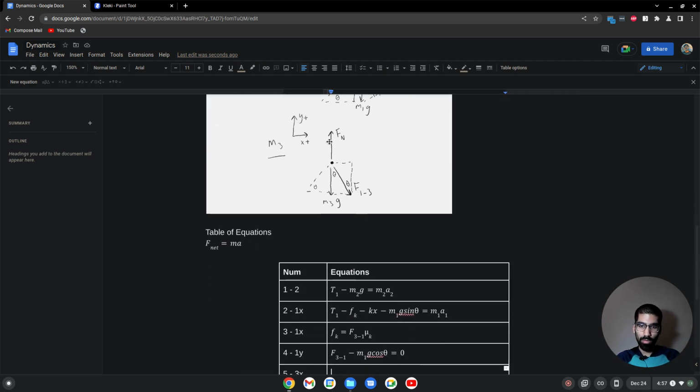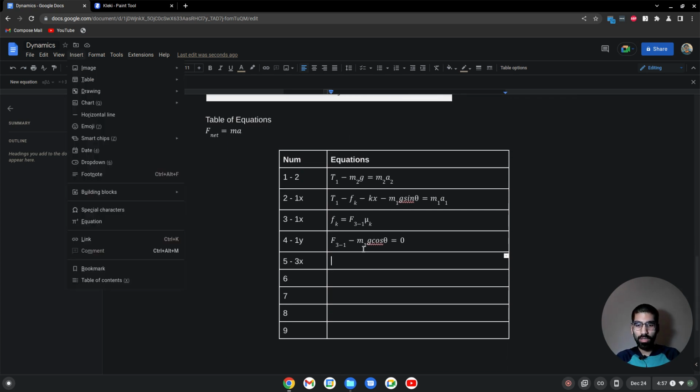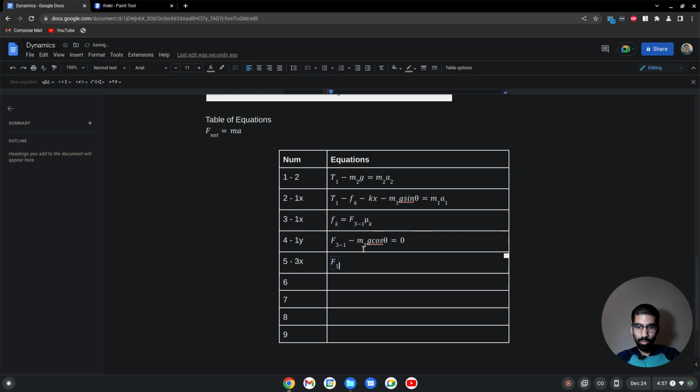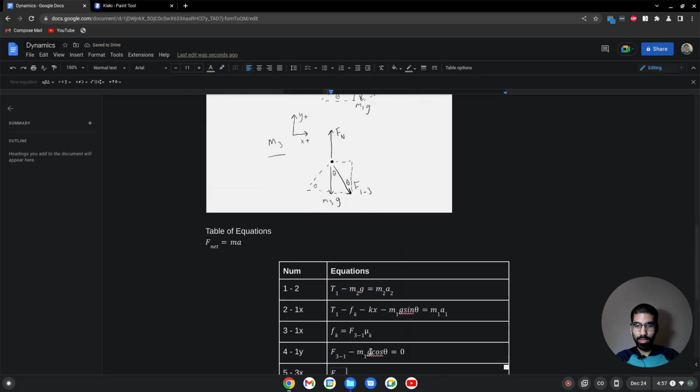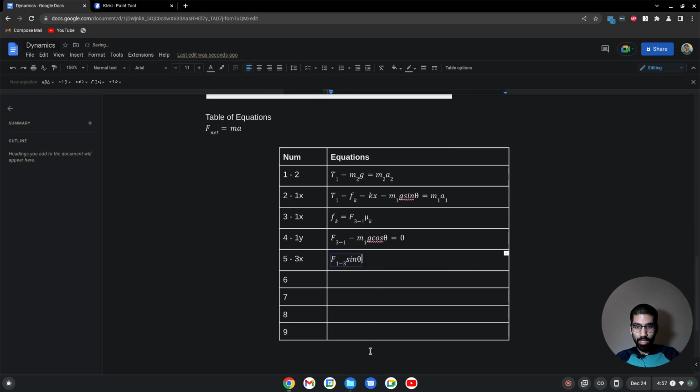From this trigonometry diagram again, you can see that this horizontal force is going to be F1 onto 3 sine theta. That's the only force, the net force, so that is going to be m3 a3.